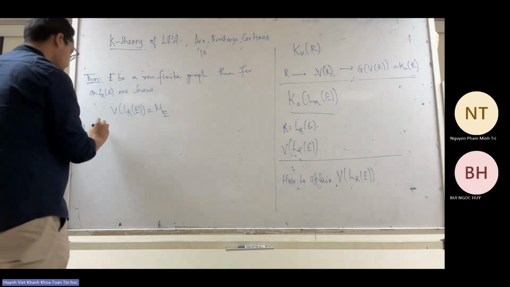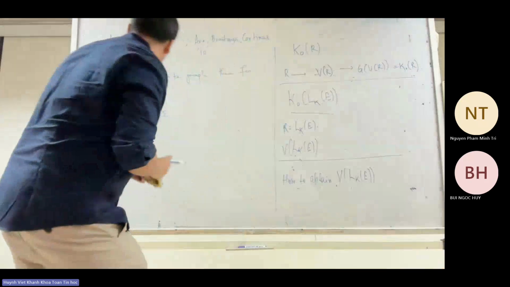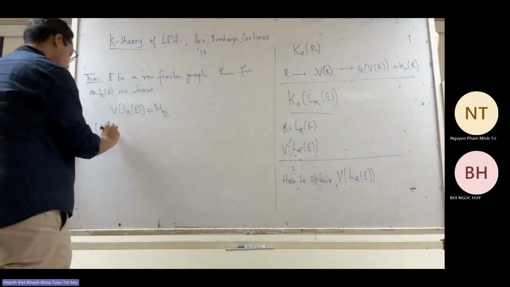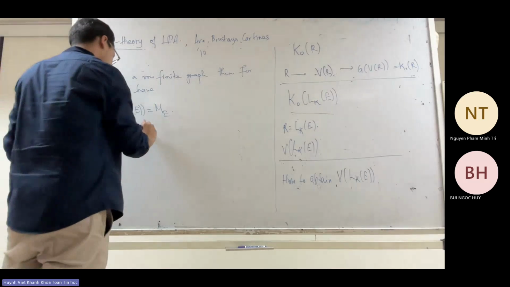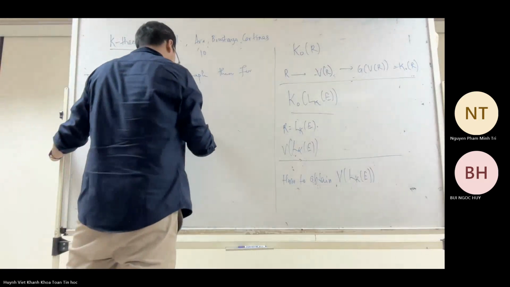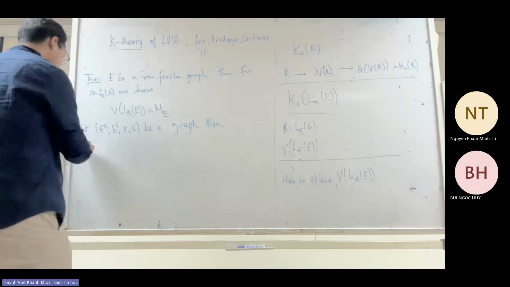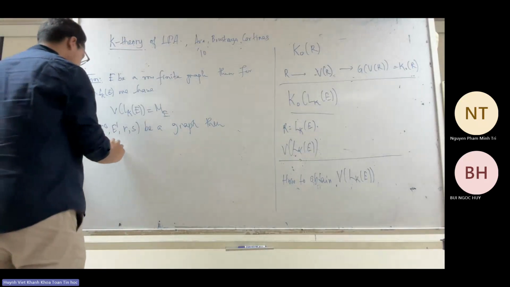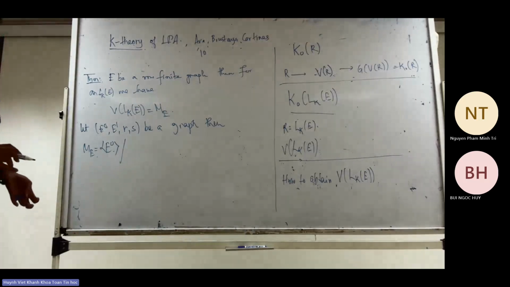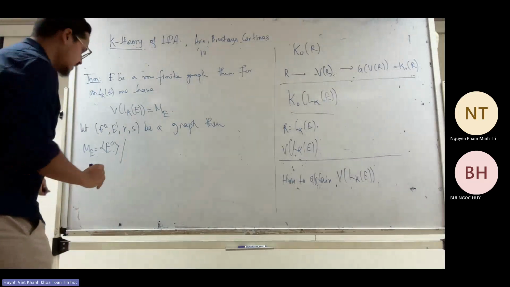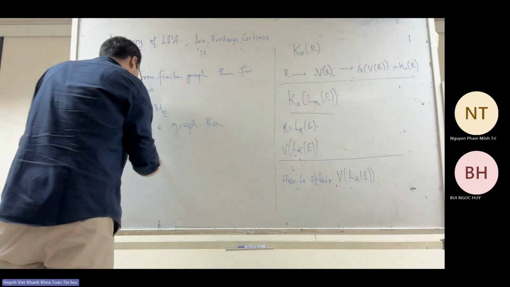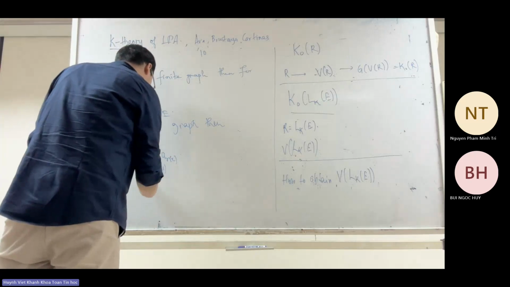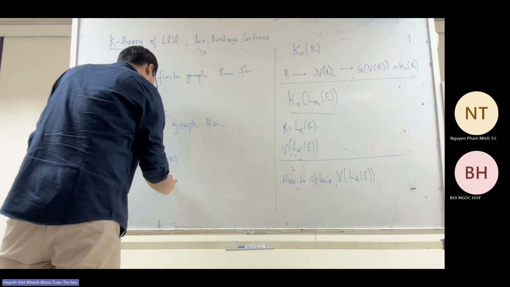Given a graph E, with vertices E^0 and edges E^1, then your M_E is nothing but the free monoid which you generate over all the vertices, quotiented by a relation. If you take a_v, which belongs to S inverse of E.